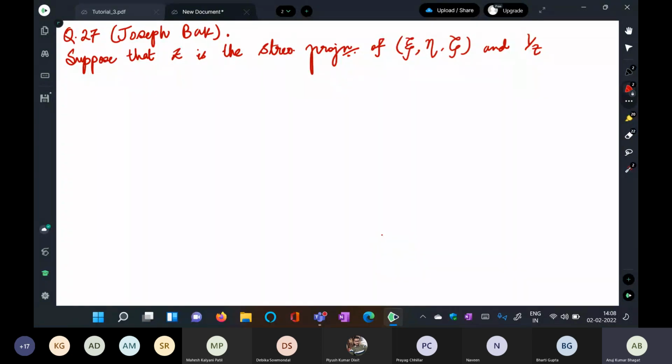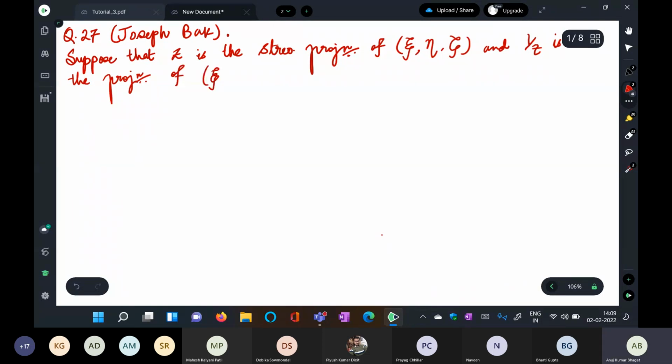So suppose that Z is the stereographic projection of this, and 1 by Z is the projection of eta prime, sorry, zeta prime.